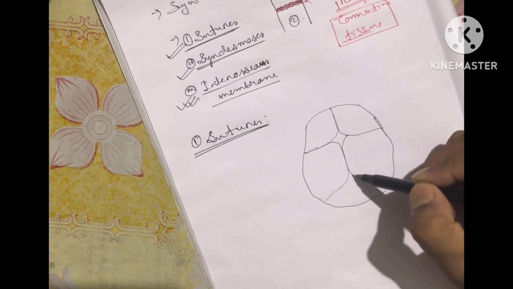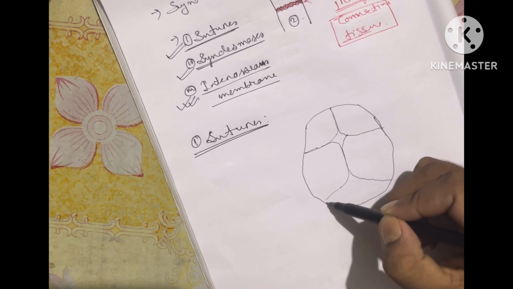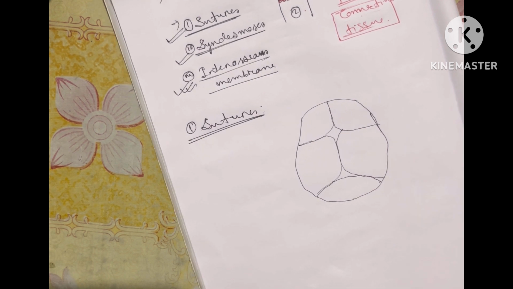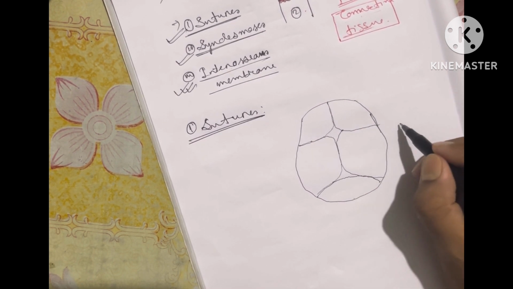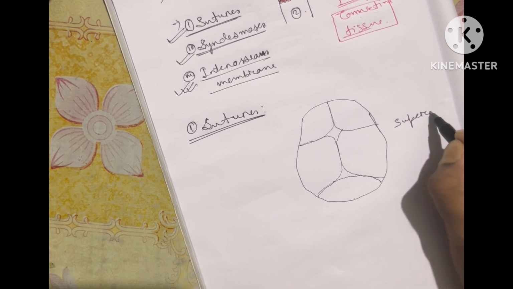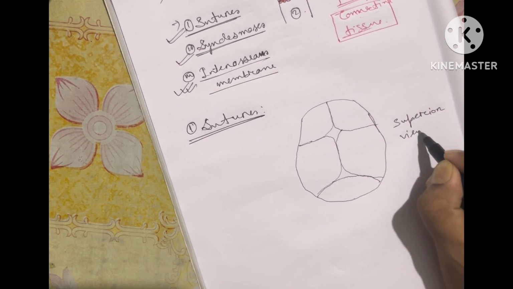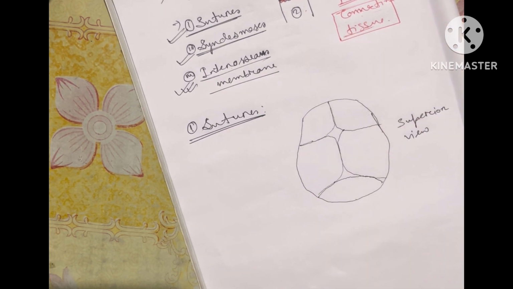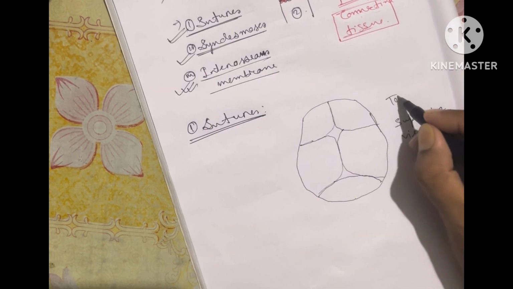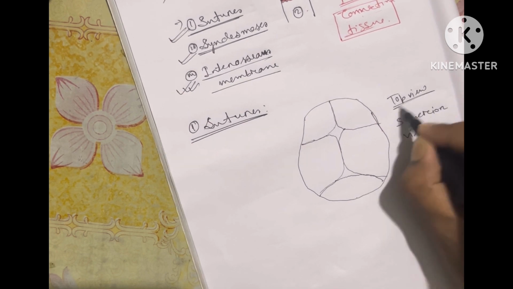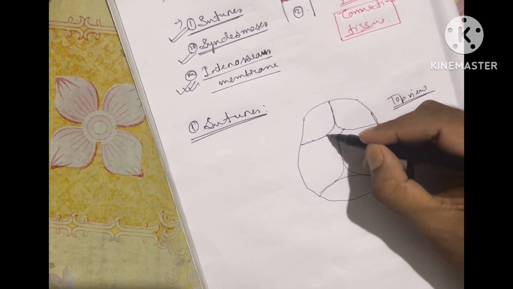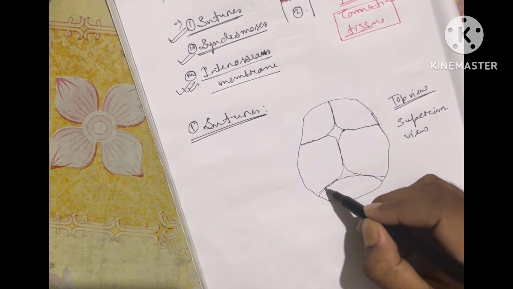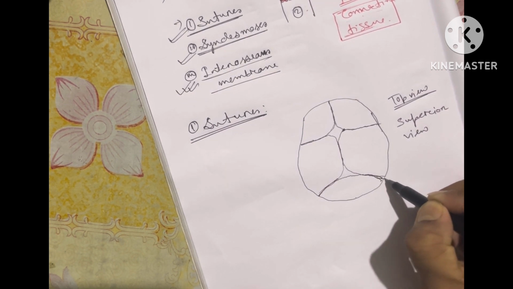This is the top view, the superior view, if I am looking from the top of that person. Can you see these lines? These are called sutures.